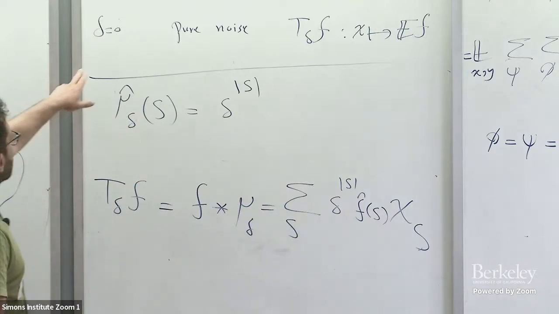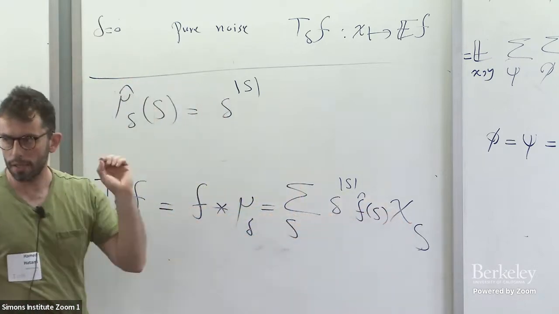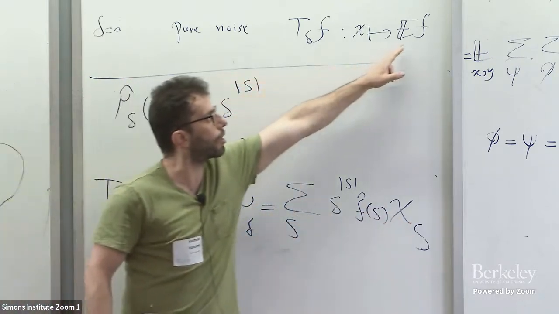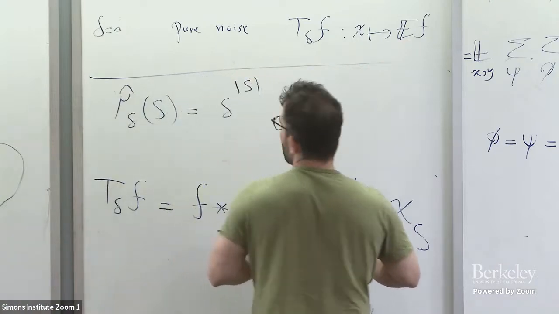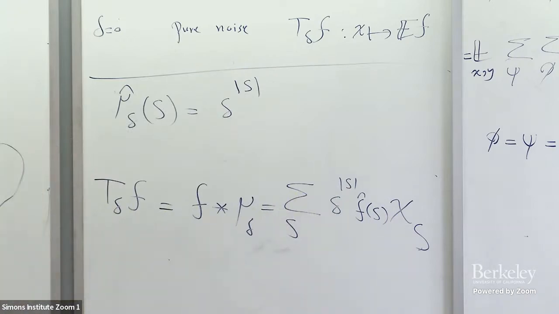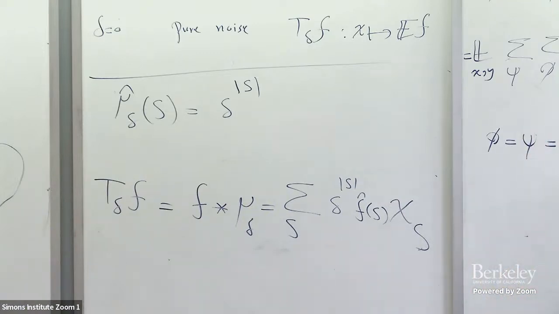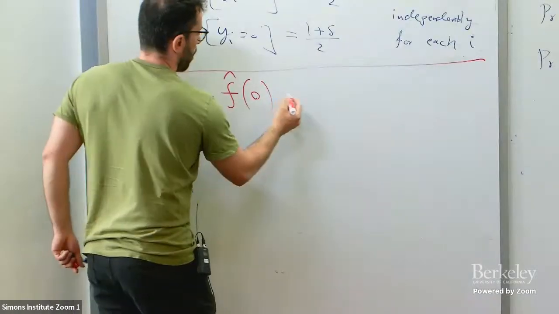The extreme case when delta is 0 kills all the Fourier coefficients except the principal one. I should have mentioned it somewhere, that the expected value of f is always captured by the principal Fourier coefficient, f hat of 0 for any group.